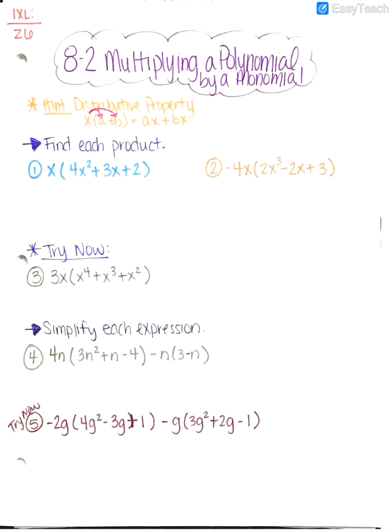do the distribution. But before I go into distributing, whenever you have a variable by itself, keep in mind you're going to add a 1 in front of it, and also based on the law of exponents, you also have an invisible exponent of 1. So just keep that in mind.